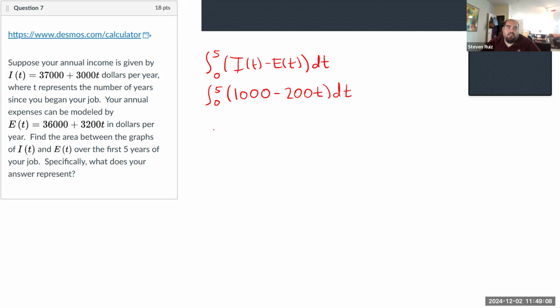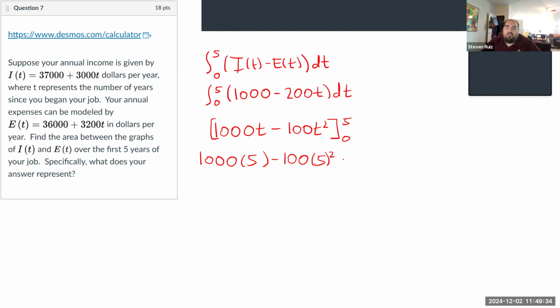If I integrate that, I need an antiderivative, so that'll be 1,000t minus 200t squared over 2, so 100t squared. And if I integrate that from 0 to 5, I get 1,000 times 5 minus 100 times 5 squared, minus 1,000 times 0 minus 100 times 0 squared.